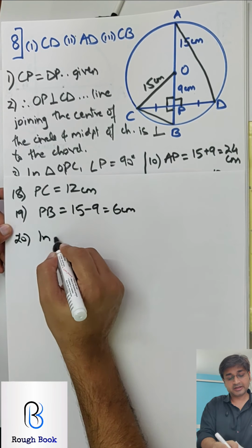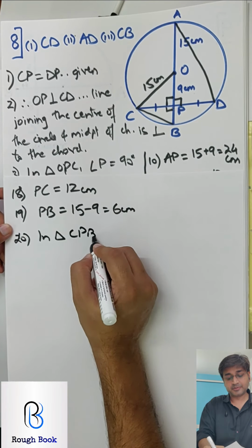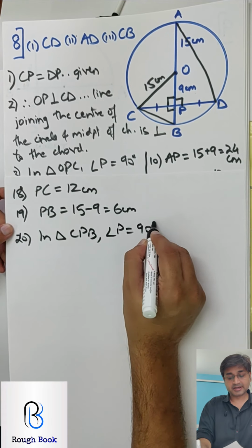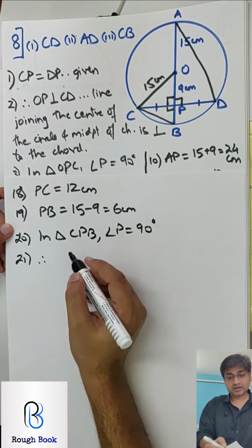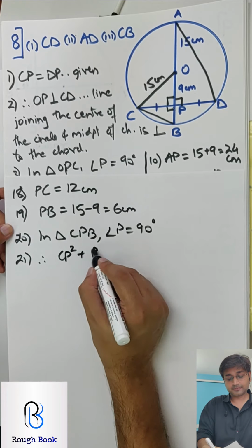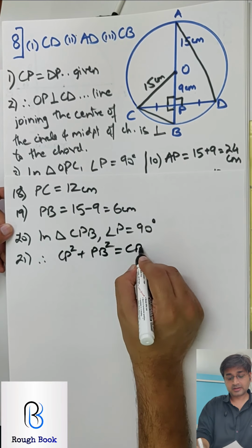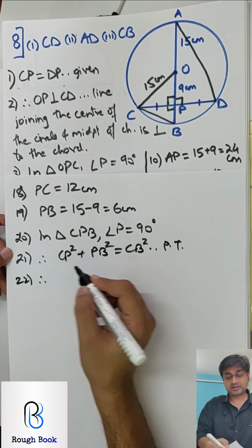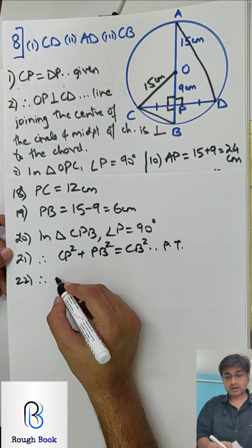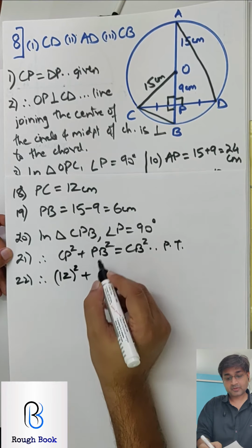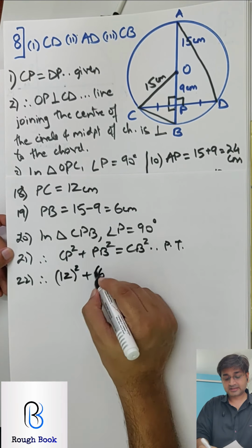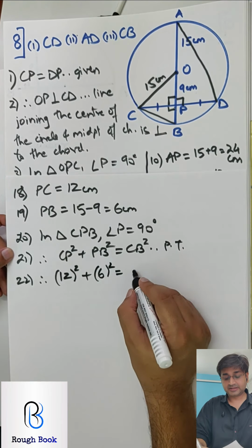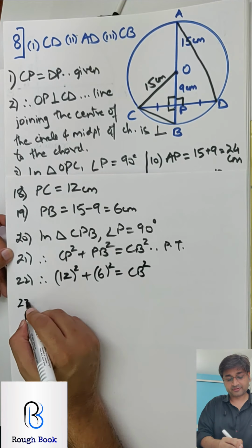So finally, in triangle CPB, angle P is 90 degrees. Therefore CP square plus PB square equals CB square, Pythagoras theorem. CP is 12, PB is 6, and BC or CB is what we are trying to find.